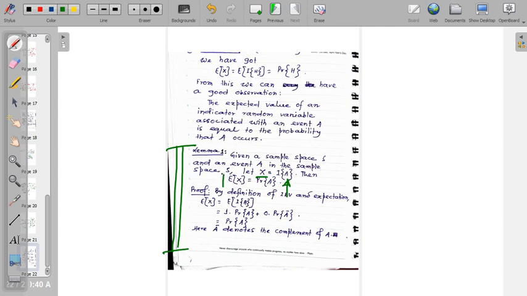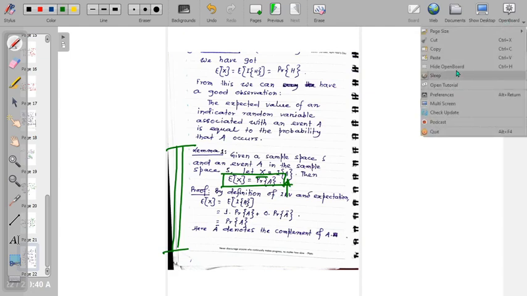Then the expectation of X is nothing but the probability of event A occurring. We have already proved that with the definition, and we will use this lemma subsequently in our future development. In the next class, we will be analyzing this hiring assistant problem with all this knowledge.